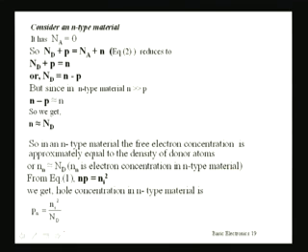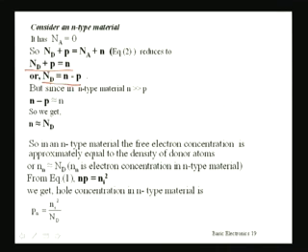Now consider a solely n-type material, because we can dope either by n-type or by p-type impurity. In an n-type material, Na will obviously be 0. Then equation 2 boils down to Nd plus p is equal to n, or Nd is equal to n minus p.